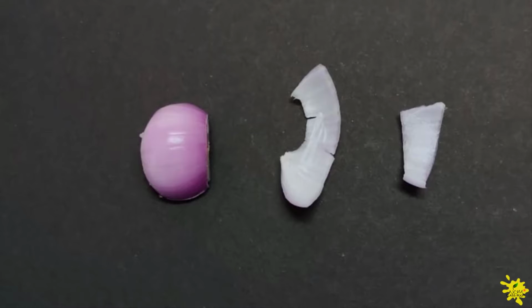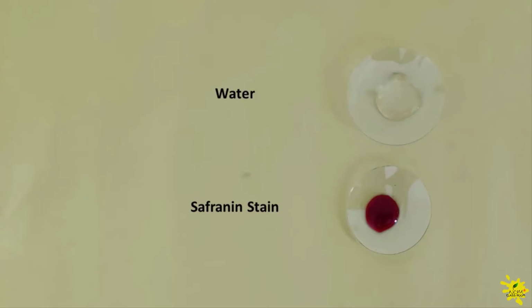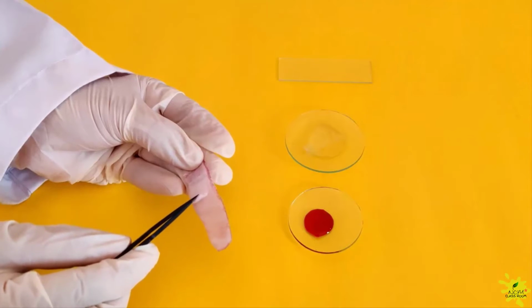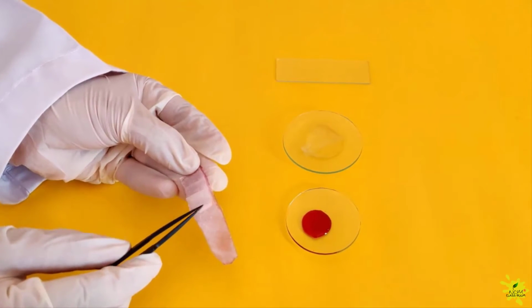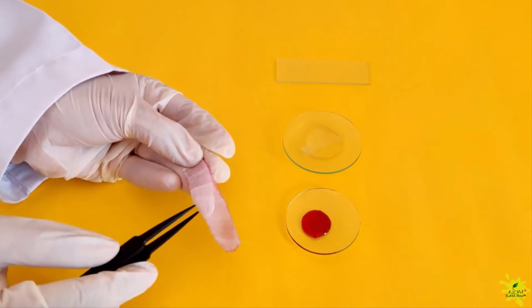Now take a piece of an onion. Now carefully peel it out.